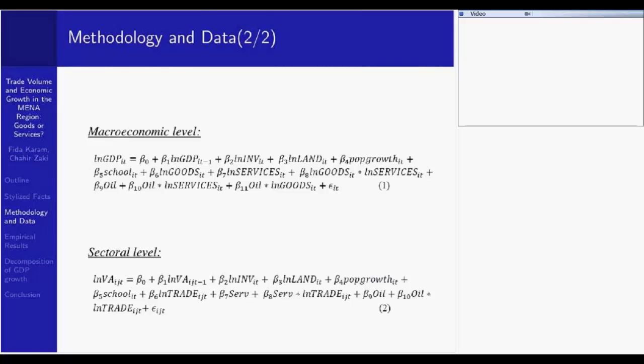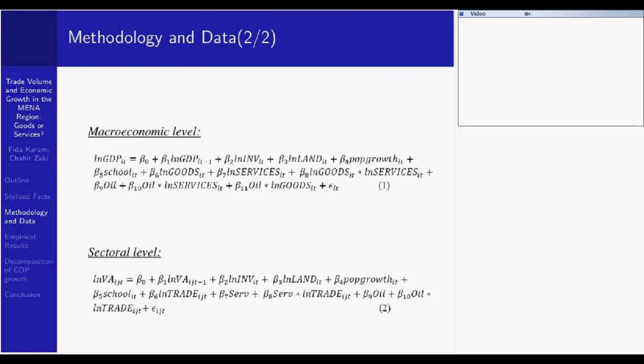And we introduce just a dummy for whether the trade is in services or not, which is the dummy variable serve. We interact this dummy variable with the variable trade, and again we introduce an oil dummy to control for oil exporters in the MENA region.